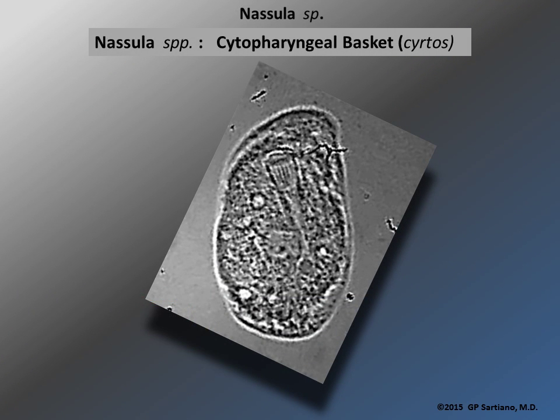The cytopharyngeal basket is often shaped like a cornucopia, with a wide mouth and progressively tapering body and a distal curvature.